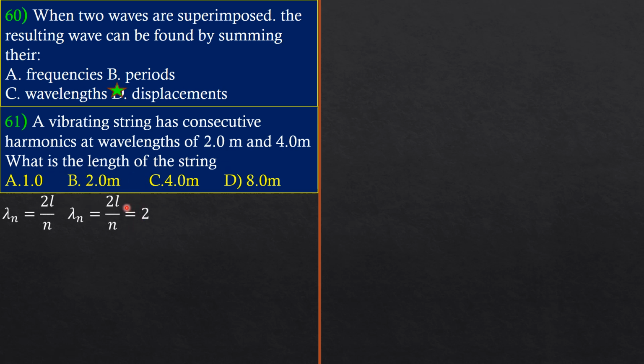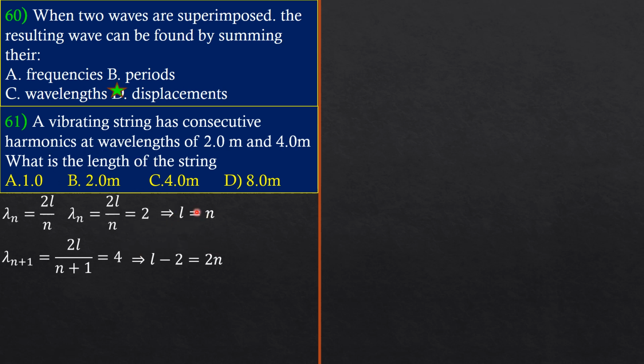So we are going to have lambda n equal to 2L over n. If we use the left side portion, we cancel the 2 on both sides and we're going to have L equal to n. Let's call that equation 1. Then lambda n plus 1, when n becomes n plus 1, is 2L over n plus 1, which has to be equal to the consecutive one, which is 4. If we solve for n, we are going to have L minus 2 equal to 2n.